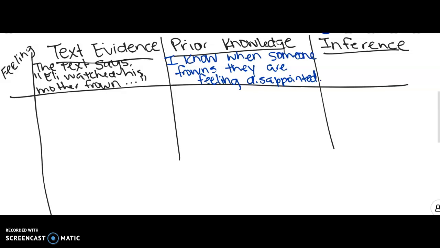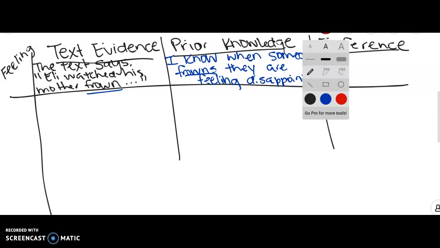So I like to use synonyms for the simple words like happy, sad, or mad, because we can expand our vocabulary beyond the simplistic feelings. So what we did was we took our text evidence, we saw that the word was frown, and we said, I know when someone frowns, and we made a connection using our schema in our brain that when they frown, they're disappointed or have a sad feeling.